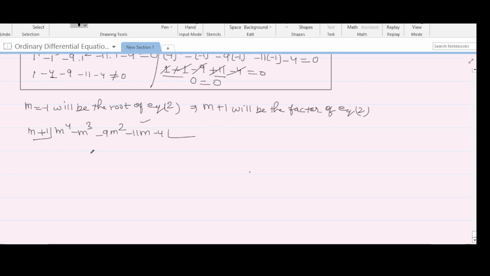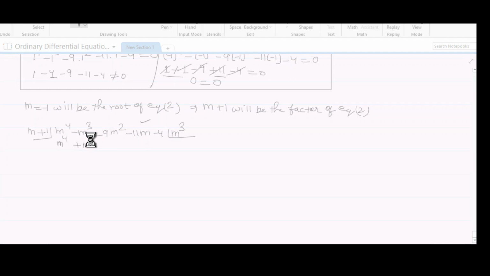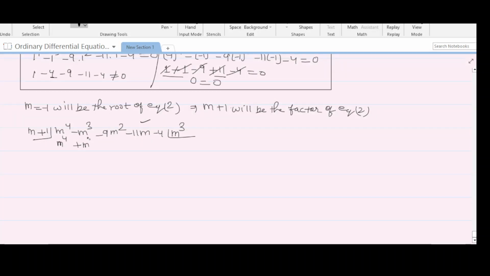So what should we multiply in m so that we get m to the power 4? We have to multiply by m cube. We get m to the power 4 plus m cube. Okay, so minus minus, we will cut it out, minus 2m cube minus 9m square, minus 11m minus 4.